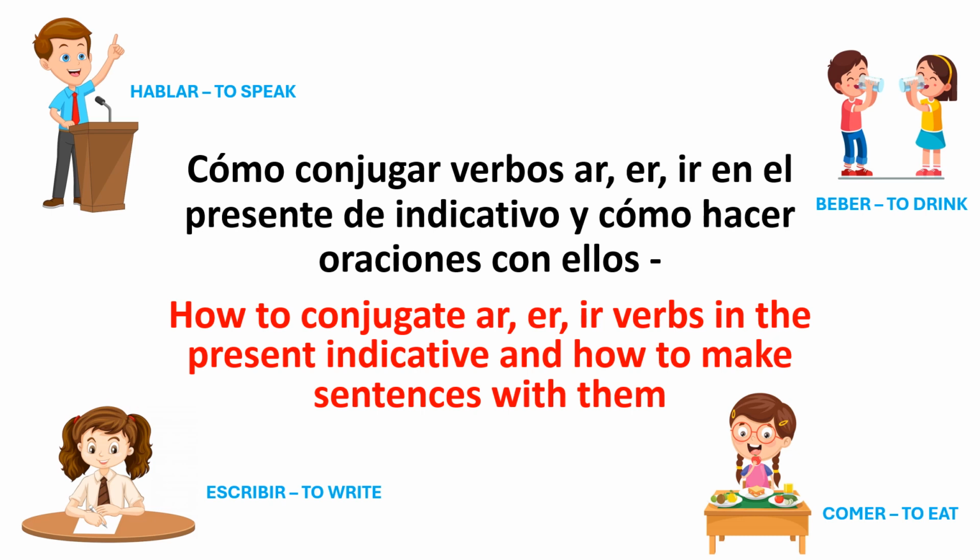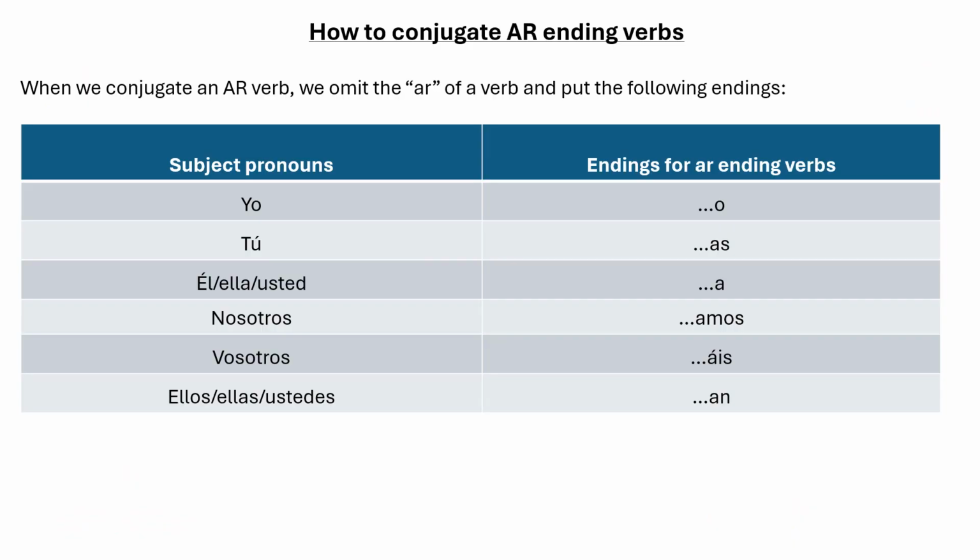You might want to write in your notebook: AR verbs. The title says here how to conjugate AR ending verbs. When we conjugate an AR verb, we omit the AR of a verb and put the following endings. These are the subject pronouns, which you have learned from my other videos.